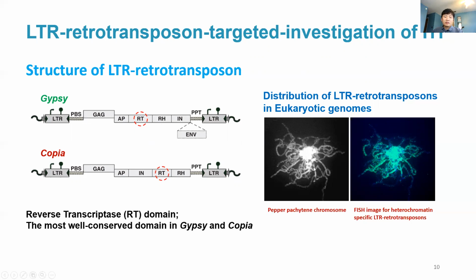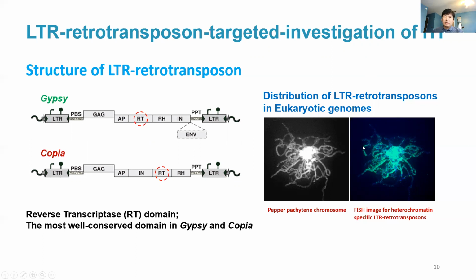the left panel shows the pepper pachytene chromosomes, and the right panel shows the fluorescence in situ hybridization image with one of the gypsy elements of pepper.